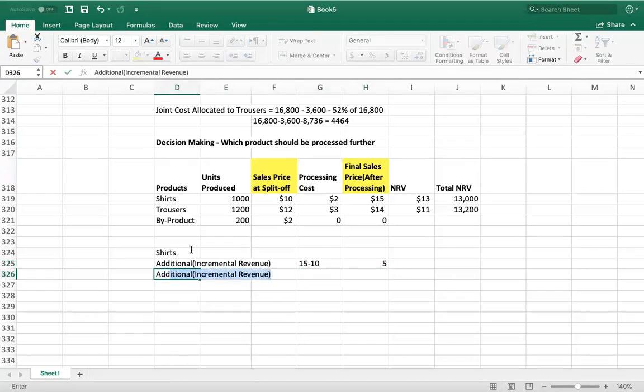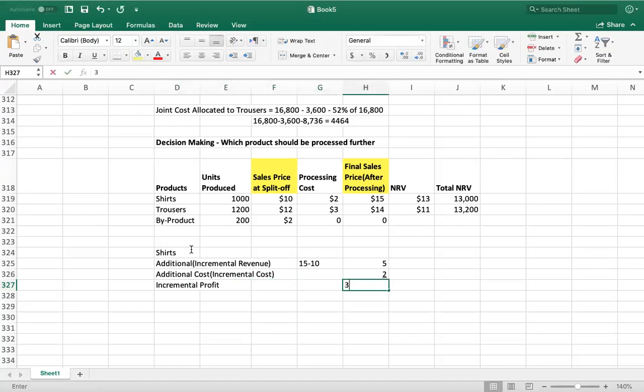Additional cost, also known as incremental cost, so we have 2. So the additional benefit, incremental profit, will be 3.